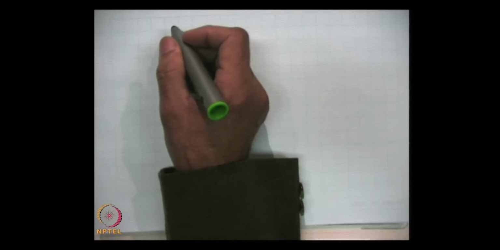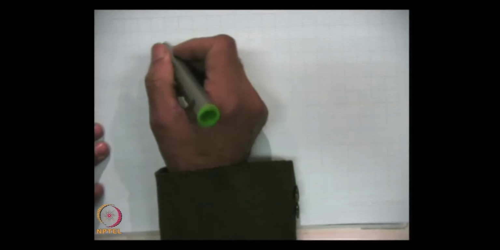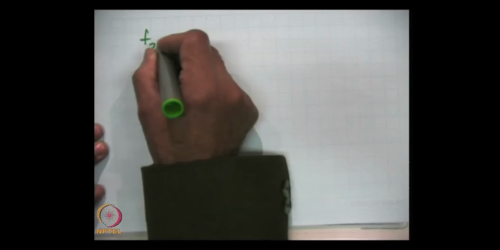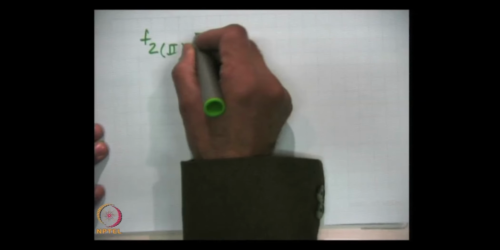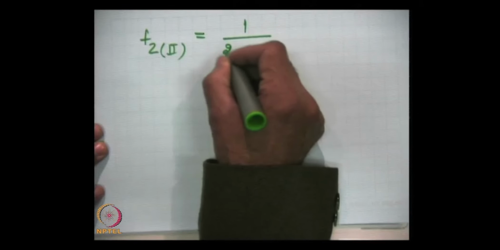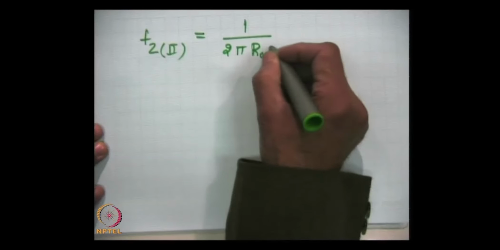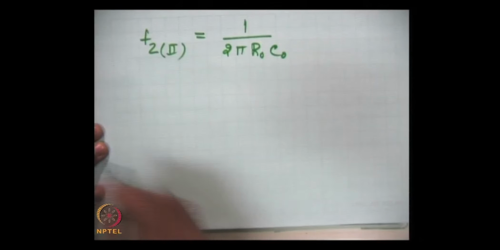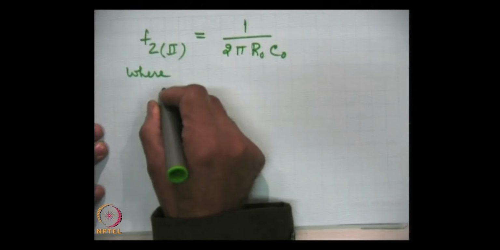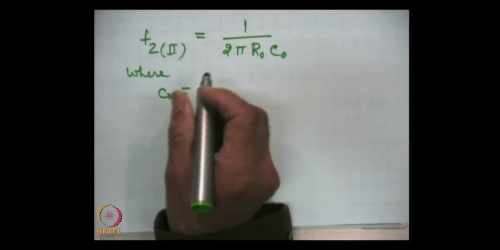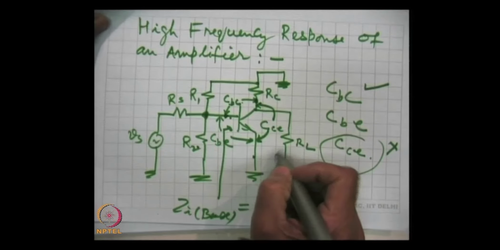Now, this is from the input, and if we look at the output, then another cutoff will appear and we call it f2, and this is equal to 1 by 2 pi R_0 C_0, where C_0 is the capacitance at the output.